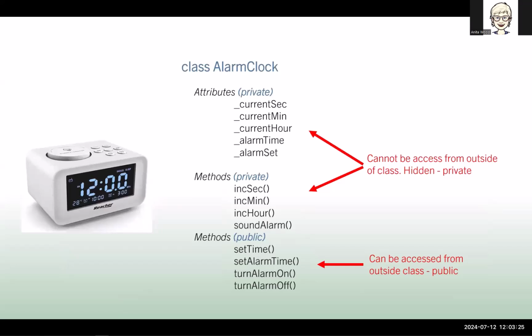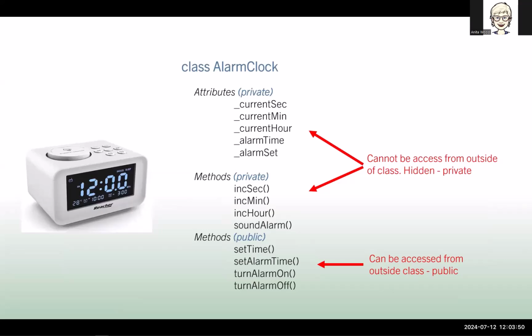So back to our alarm clock discussion. To be able to create an object, unquoted, for the alarm clock, we now know we have to create a blueprint for alarm clocks called a class. So here are the attributes and methods that we discussed earlier as they might be defined in an alarm clock class.